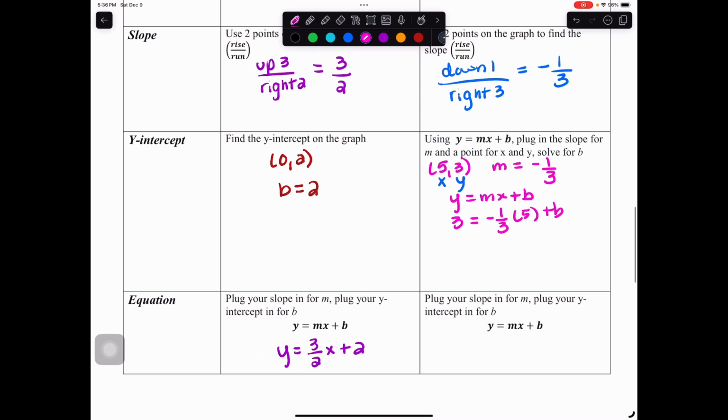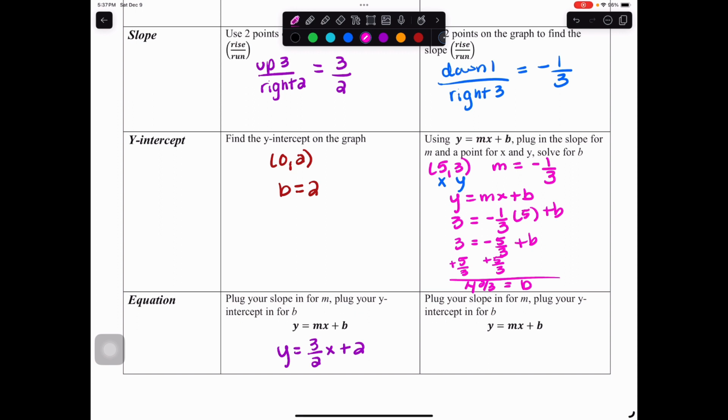So then I just solve the equation for b. 3 equals -5/3 plus b. I have to add 5/3 to both sides. And so b is equal to 3 plus 5/3, and 5/3 is really 1 2/3. So 3 plus 1 2/3 would be 4 2/3.